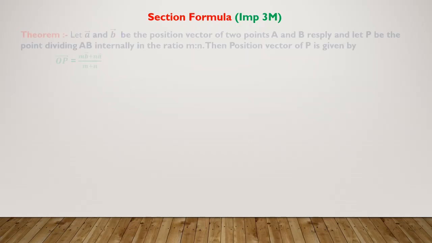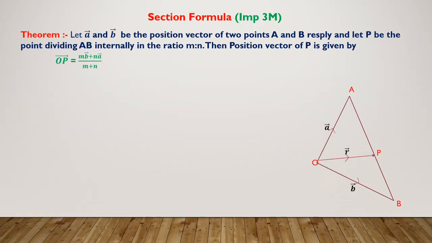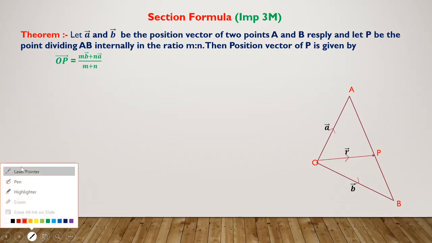To get the section formula, I don't want to go into the full lengthy version, just let me make it short. 10th standard we have studied it. So let me draw the diagram first. What is the theorem? This is the theorem, dear students. Let A and B be two vectors.